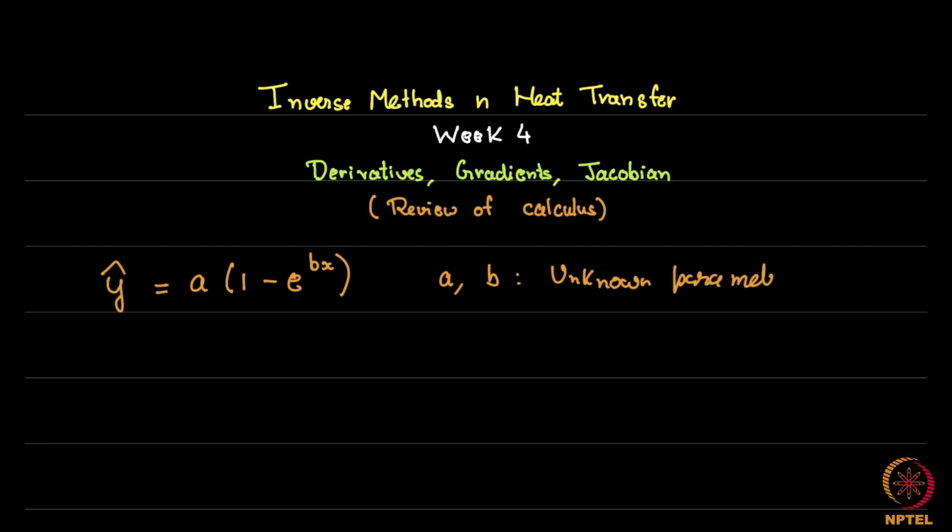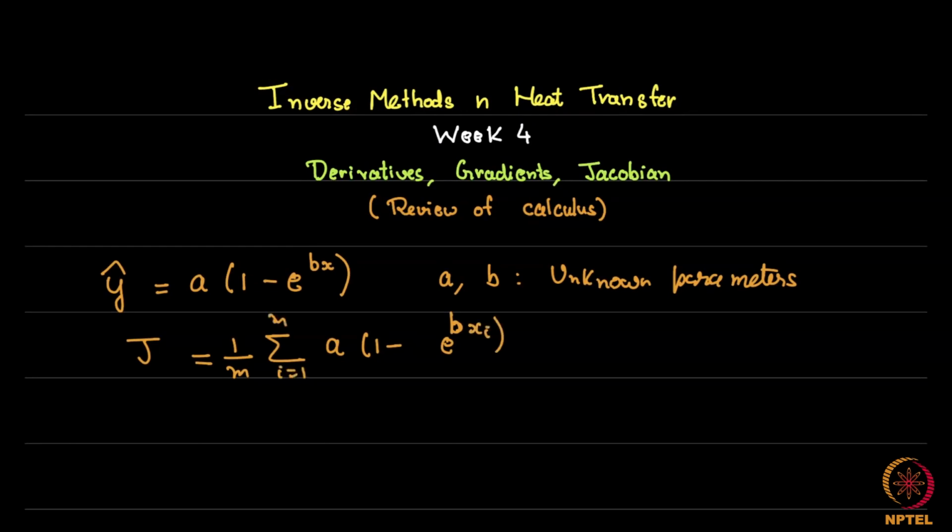When we have such a case, we take the cost function which we want to minimize for all the points that we have collected. So we would have something like 1 over m, sum over i equal to 1 to m, of a times 1 minus e to the power bxi.